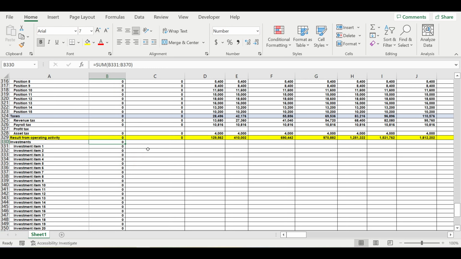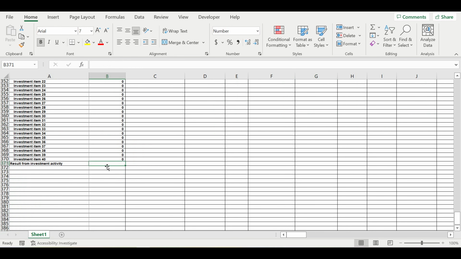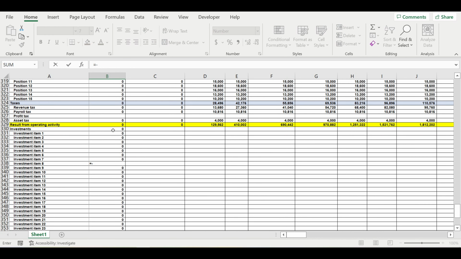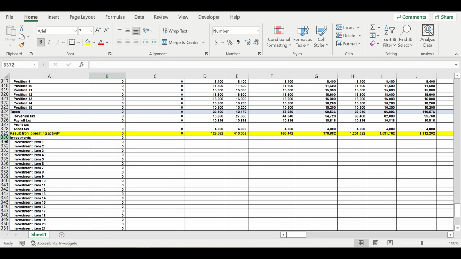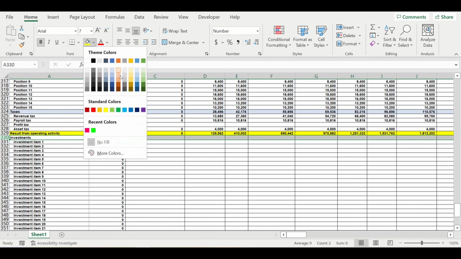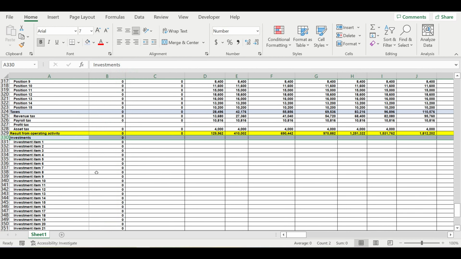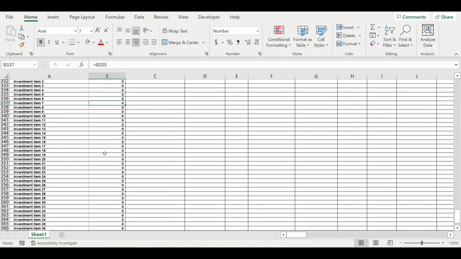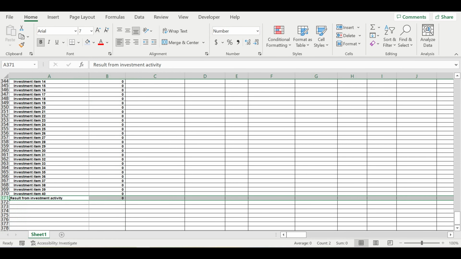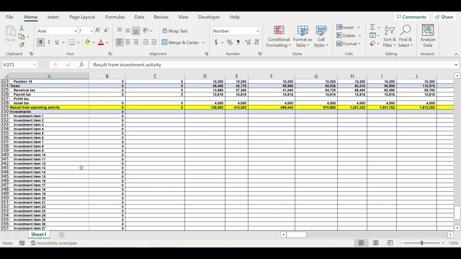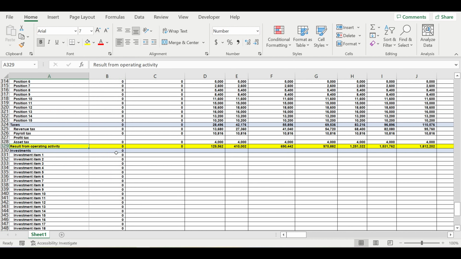So now what we're doing, we are going here, put minus, and take this value. Because investments are expenses, so this line will be yellow, because this is the result from investment activity, like this is the result from operating activity.